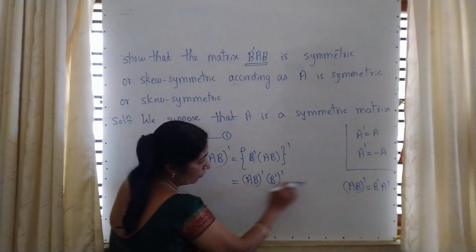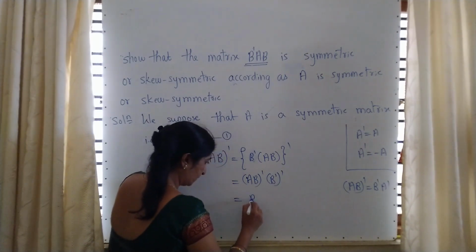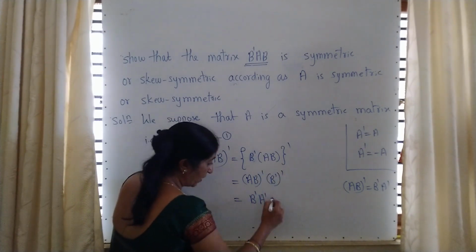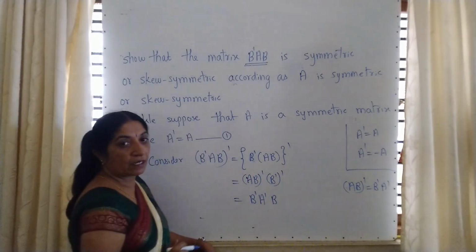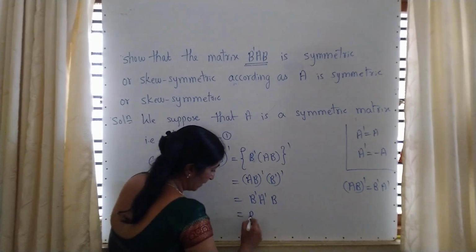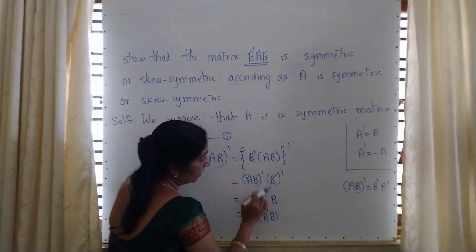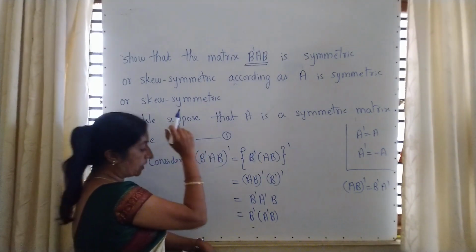And for this also again apply this. But what is B transpose of transpose? B. Understood? But what is A transpose? A transpose is A. It is given.